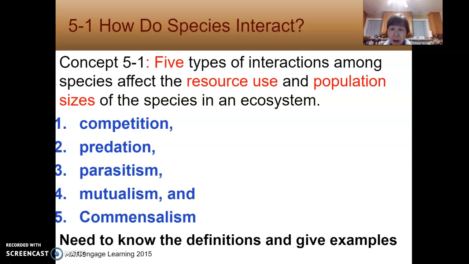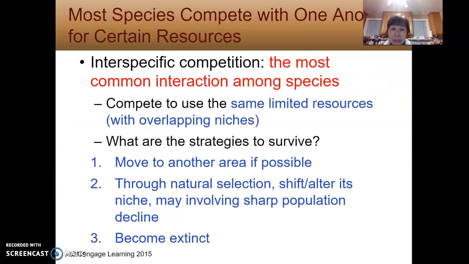The 5 interactions are competition, predation, parasitism, mutualism, and commensalism. Your job is to remember to review the definitions and be able to give examples. One thing you need to know is that the most common interaction among the 5 is interspecific competition.